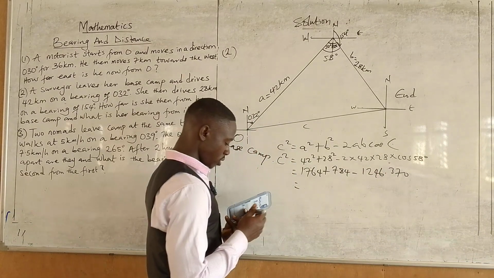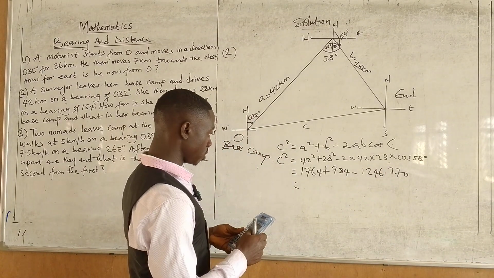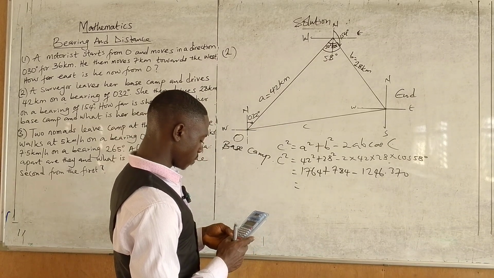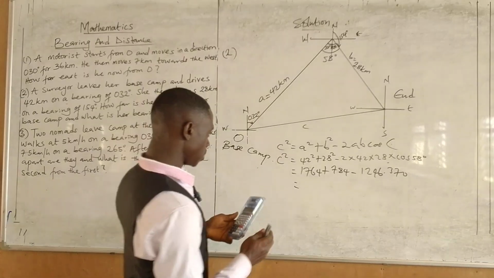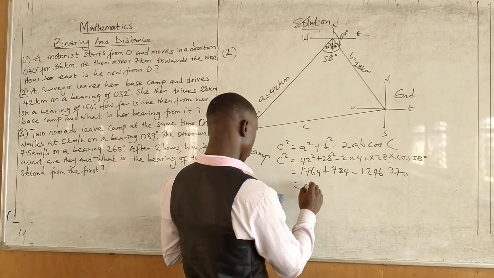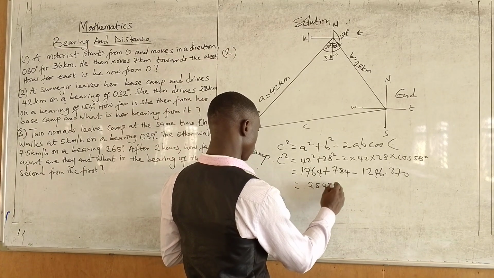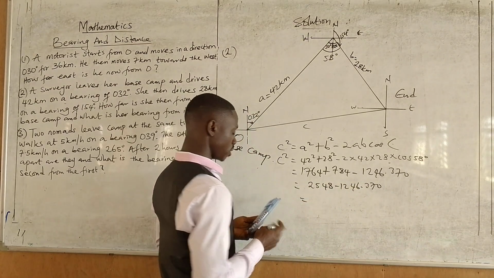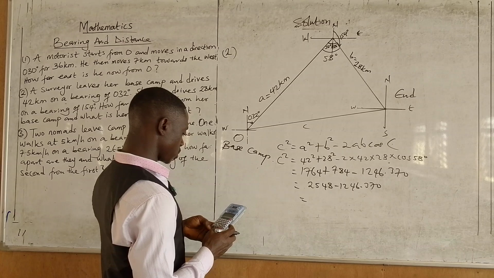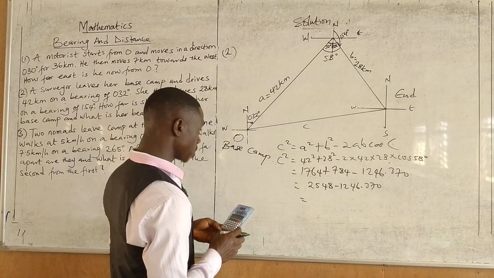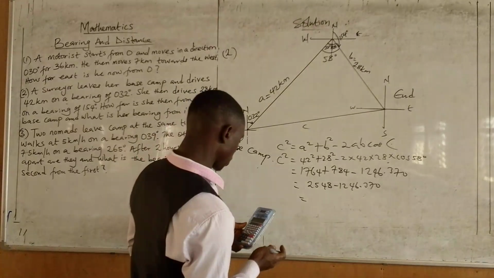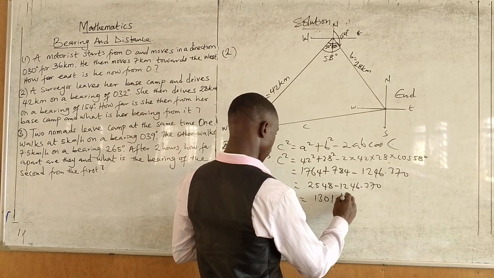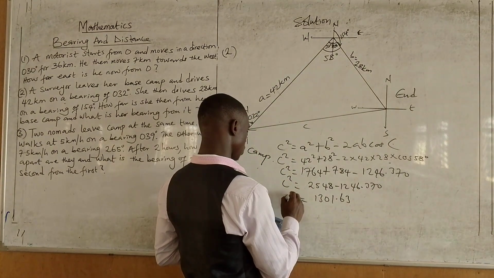All right. 1764 plus 784. So this addition here will give us 2548, then minus 1246.370, and you're going to have 1301.63. So that's c squared.